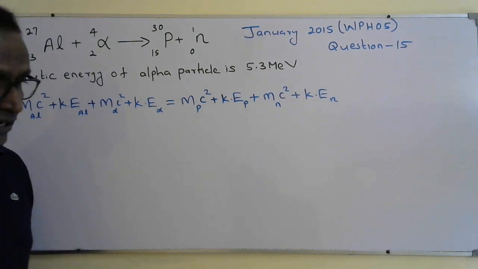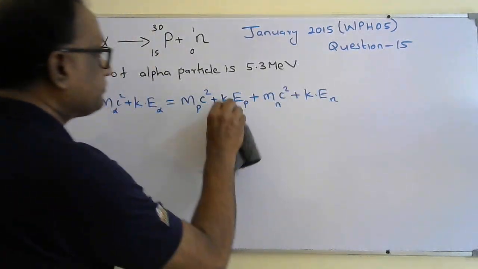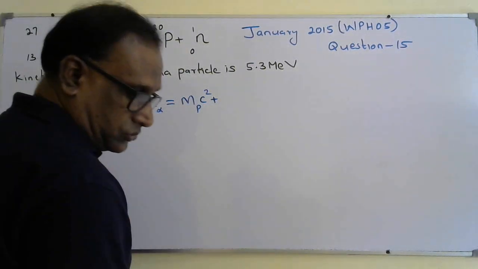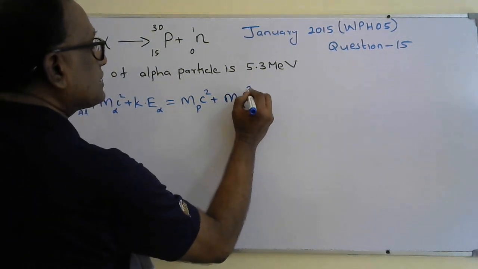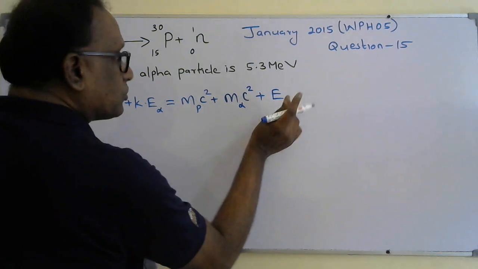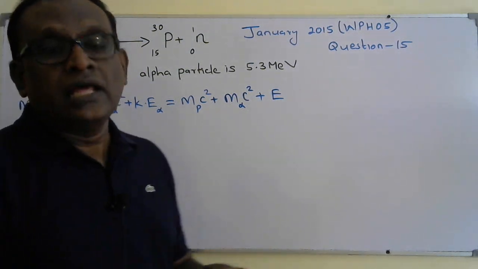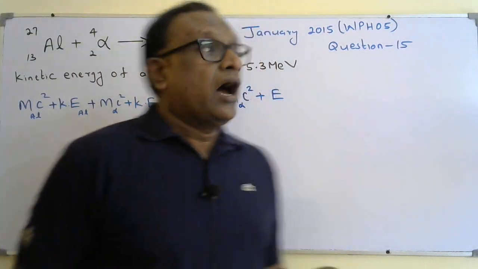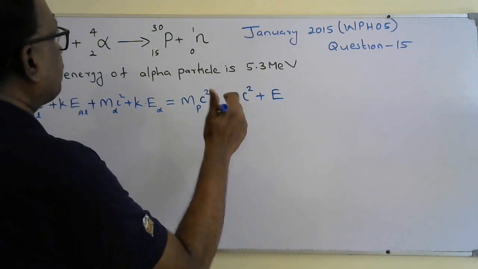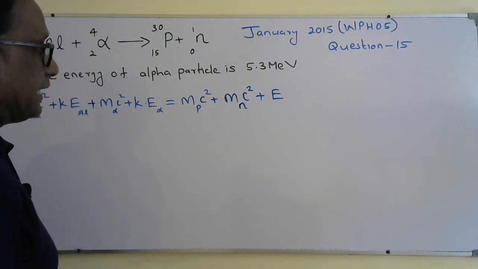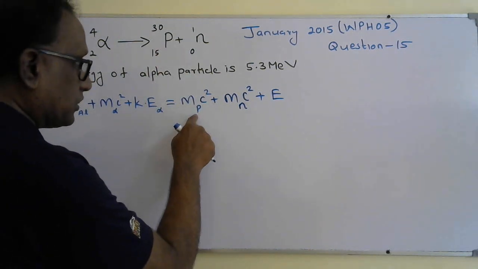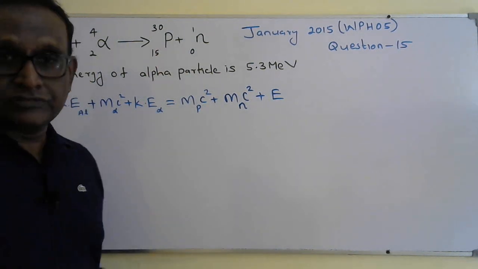So I'll change it now. It could be written as mass of alpha c squared plus capital E. That E includes the total kinetic energy of the phosphorus nucleus and the total kinetic energy of the neutron.